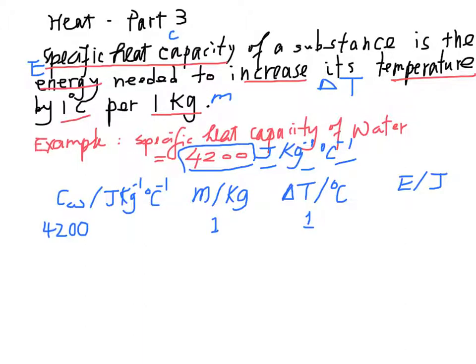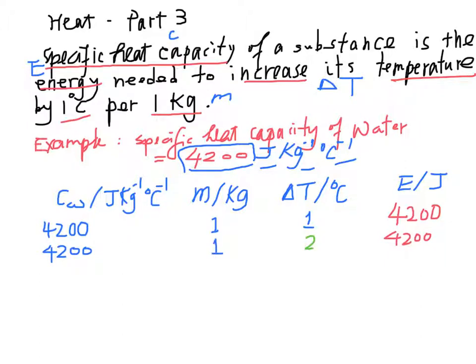In the table, let Cw be the specific heat capacity of water, which is 4,200 joules per kg per degree Celsius. And the mass of water is 1 kg. And the rise in temperature is 1 degree Celsius. Then the energy needed, by definition of specific heat capacity of water, will be 4,200 joules.